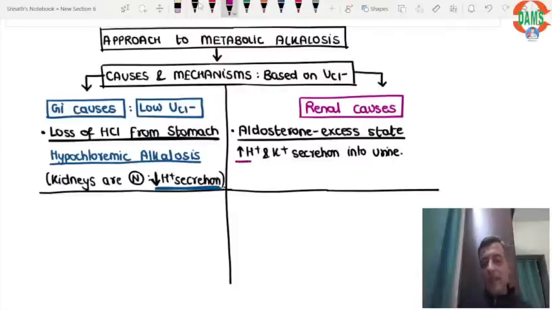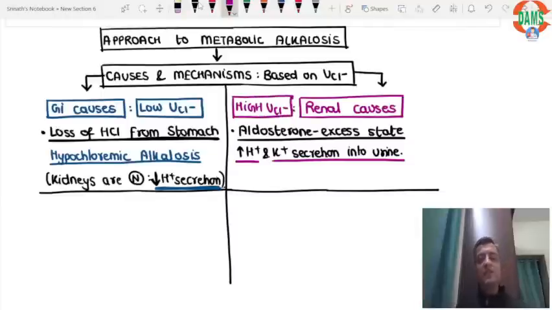So when the H plus and K plus secretion is high, along with H plus there are also high urinary chloride levels. These cases are known as hypokalemic alkalosis.